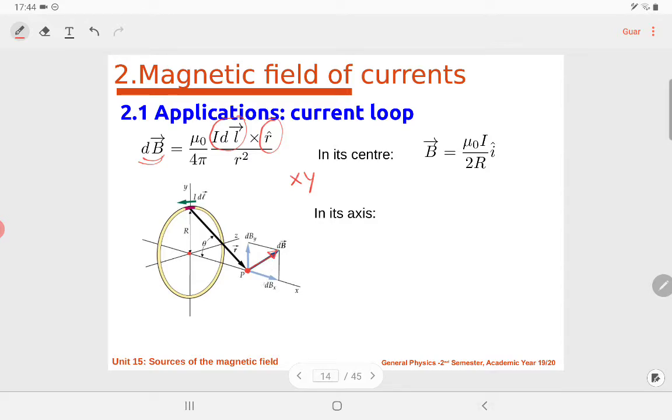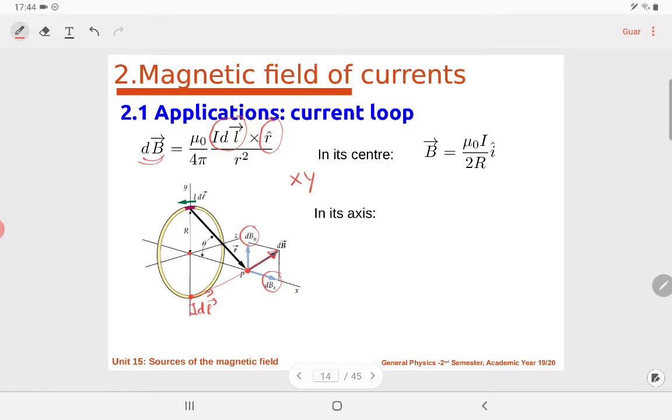Okay, we could integrate both components, the x and the y component, but we can also derive that if we do the same calculation for a point here, this would be the dl, and this is the element of current.